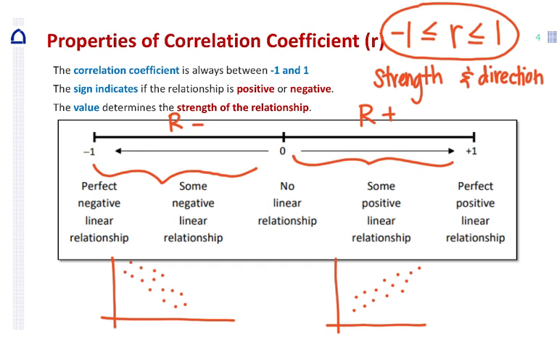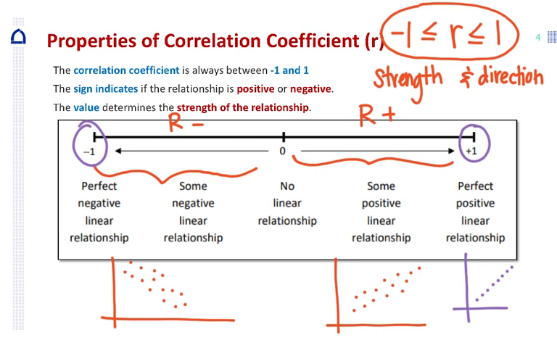And it turns out the closer you get to 1 or -1, the closer you get to that maximum or minimum value of R, the closer the dots are going to be to a straight line. In fact, if R equals 1 exactly, the dots will fall on a perfect straight line going up.